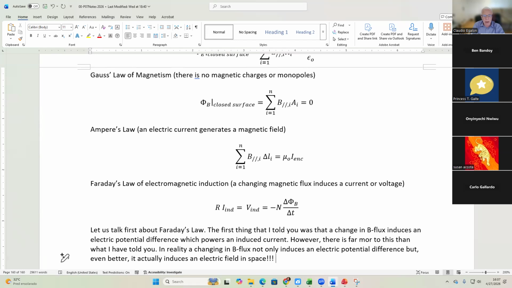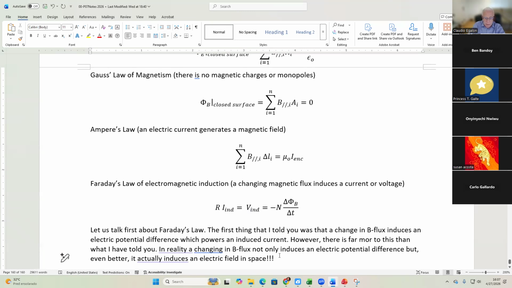That's what scientists realized at the time. First, they started doing experiments with wires, and they saw that when they change the magnetic flux, you can measure the electric potential difference in that circuit. But then they continued thinking about it, and they said that there was something far more basic than the electric potential difference: an electric field that was giving rise to this electric potential difference.